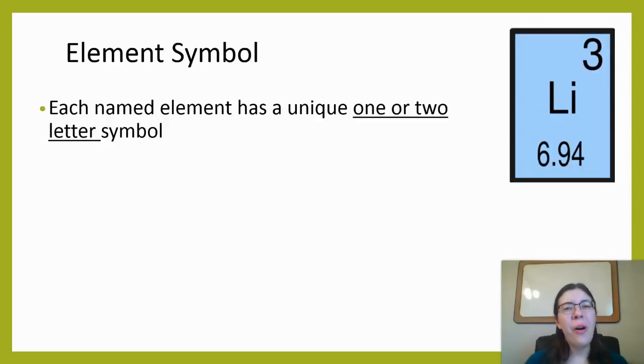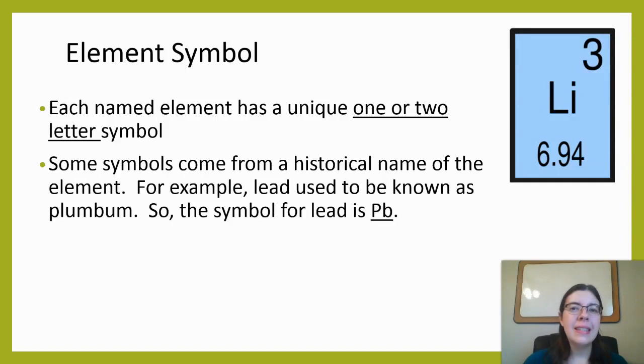Okay, so the final thing that all element symbol boxes have is the element symbol. And each element has a unique kind of code, which is made up of 1 or 2 letters to represent the element. So in some cases, the name closely matches the symbol. For example, lithium has a symbol Li, but that's not always the case. And that's due to the fact that sometimes the element symbol comes from historical context or even a foreign language.